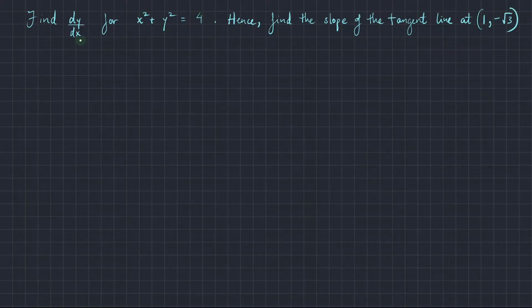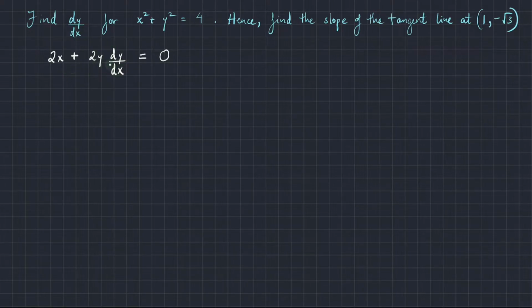So to find dy/dx, we need to differentiate both sides of this equation with respect to x. The derivative of x squared plus y squared with respect to x is going to be 2x plus the derivative of y squared, which, remember, was 2y dy/dx, equals, and now the derivative of 4 with respect to x is just 0. Now our goal is to find dy/dx.